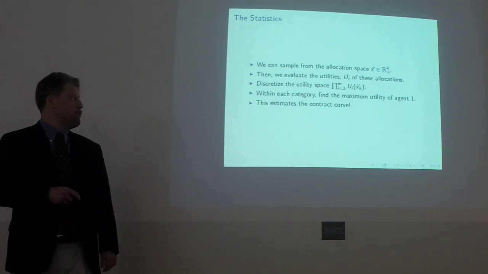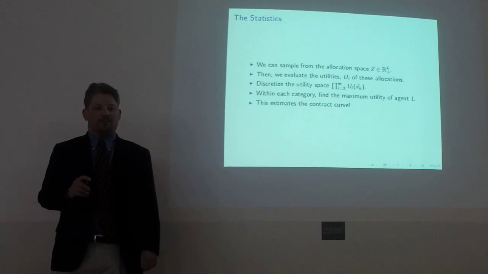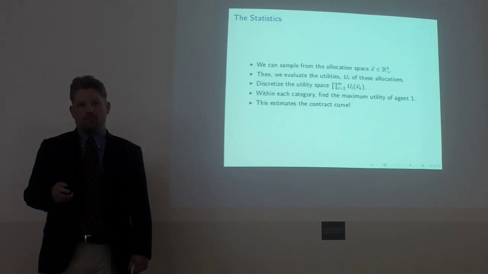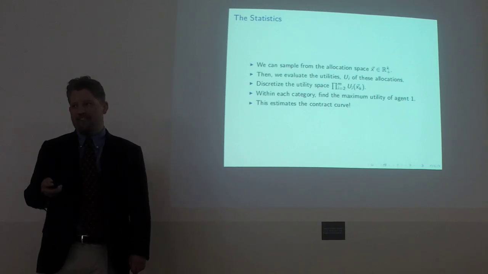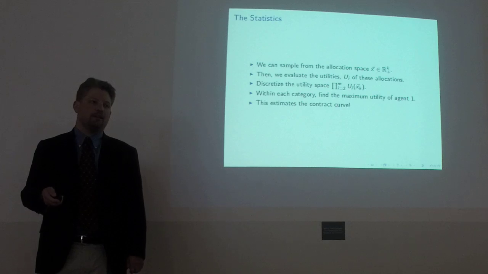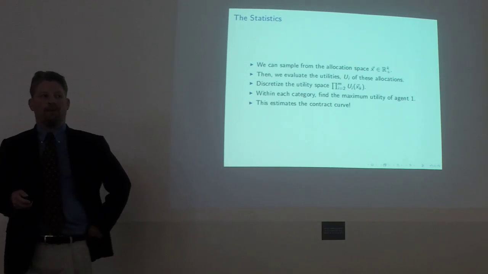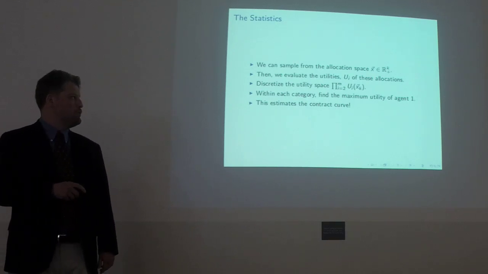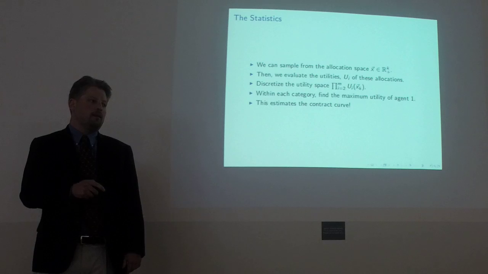So this is important, so I'll go through it again. We divide the utility space of all other agents into discrete chunks. Effectively, we are approximately fixing the utility of the other k-1 agents, and we identify the bundle where agent 1 is happiest.